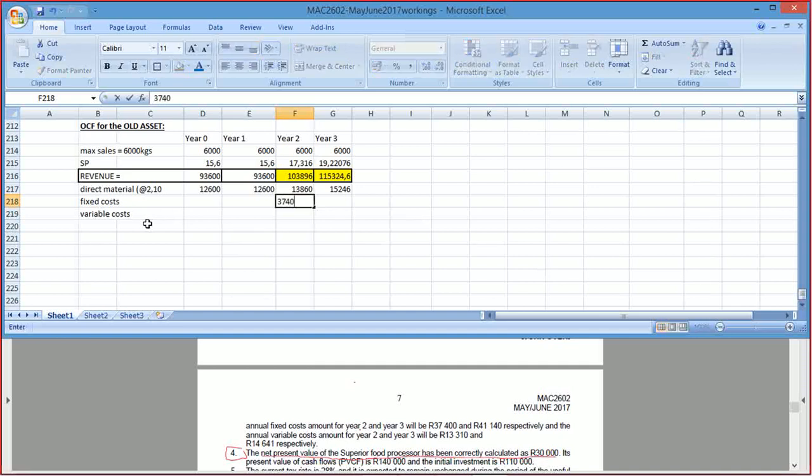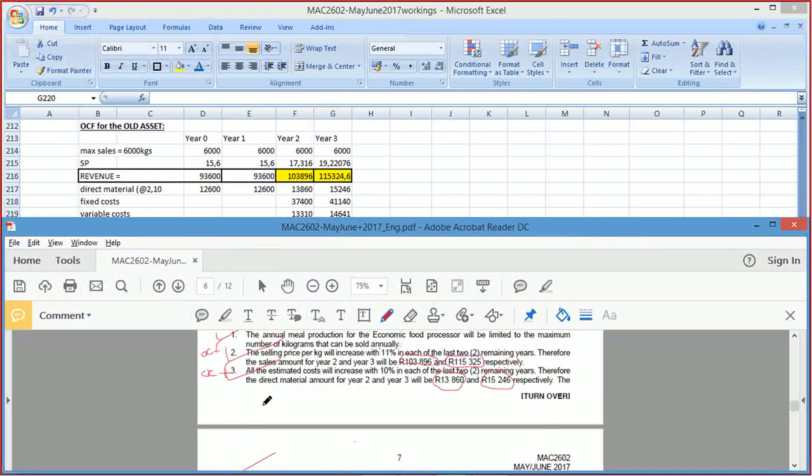Fixed cost in year 2 was how much? 37,400. This one was 41,140. This one was 13,310, and this one was 14,641. There we go. We still need year 1 though.